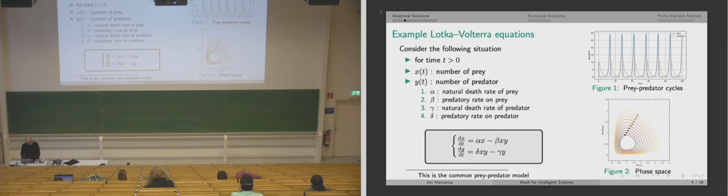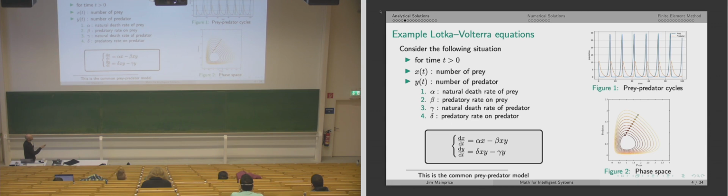Okay, so this is the phase space where you have the predators and the prey on the axes. And what you see is the population size. So depending on the initial condition, you will be on one of these contour lines.